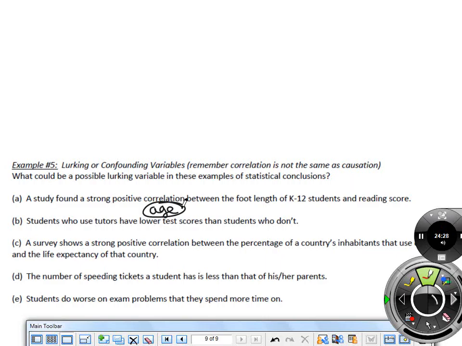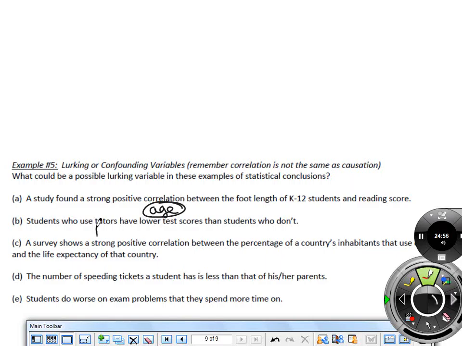Students who use tutors have lower test scores than students who don't. Danny. Right. The students with the lower test score probably went to get a tutor more proactively, right? Okay?